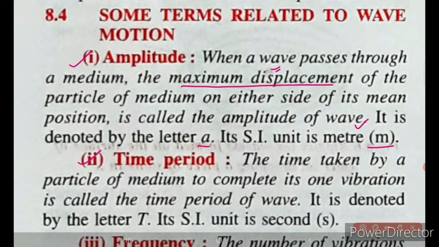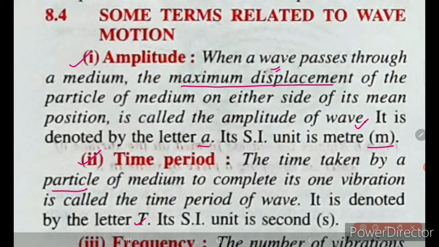So they are saying the time taken by a particle, meaning a molecule of a medium, to complete one vibration, meaning to come to the crest position and then go to the trough position, or come to the compression position and then go to the rarefaction position, and then come back to its mean position as well. It will take some time, and that particular time is known as the time period. It is denoted by the letter T. The SI unit is seconds.